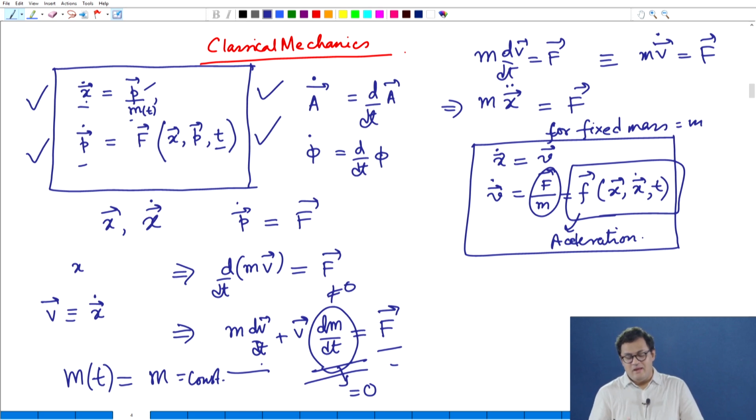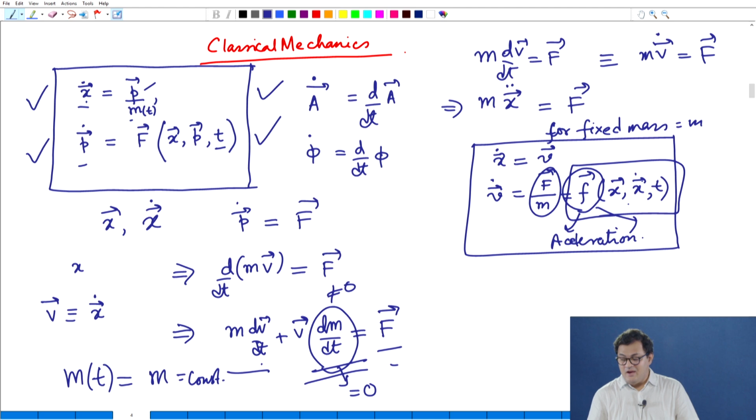Now, another very student-like confusion is: sir, x is a function of t, you have just said x dot is a function of t, m was also a function of t, but you did not write m as a separate variable, whereas for x and x dot you are writing. No, that is not the case. Most of the time when we express this vector, we have to check whether we have an explicit dependence on x or on x dot.